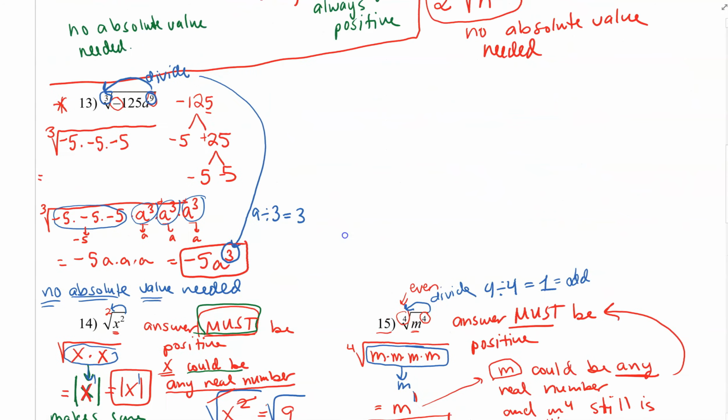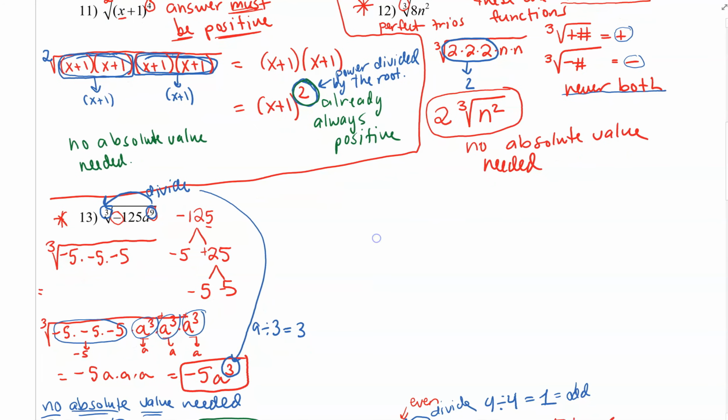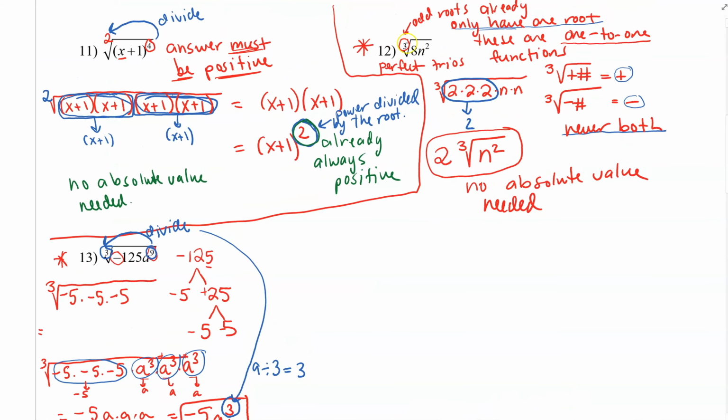Notice in 13 and 12, I didn't need absolute value at all because the index was odd. So right away, I didn't even need to worry about it. And in 11, I didn't need to worry about it because even though I had an even index and an even power, when I simplified and divided power by index, I ended up with an even power.